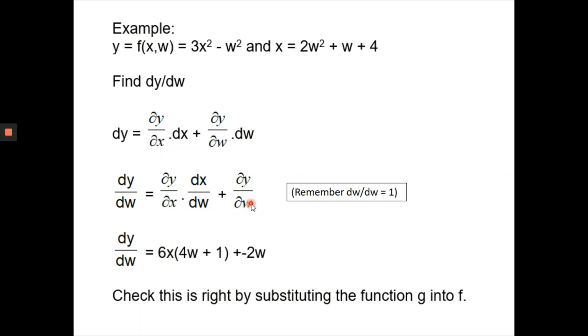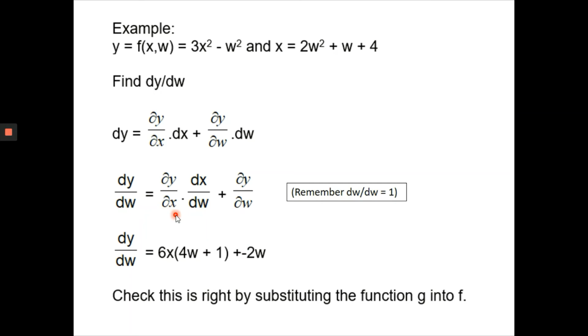And recall, when we divide dw by dw, this will equal 1. All right, so we have a 1 here. Okay, so this here is the total derivative, dy/dw, and we can now work this out.